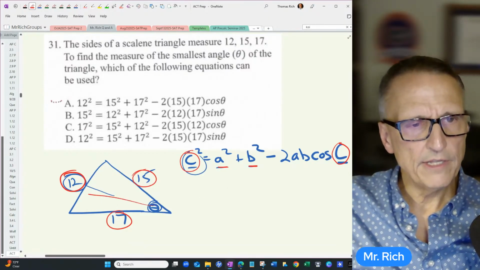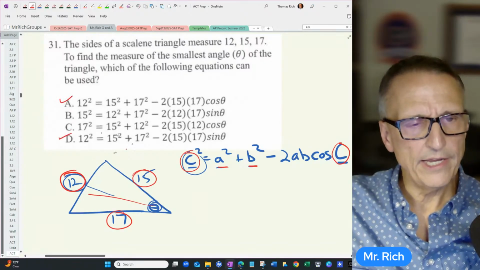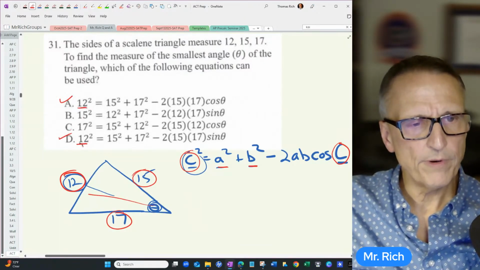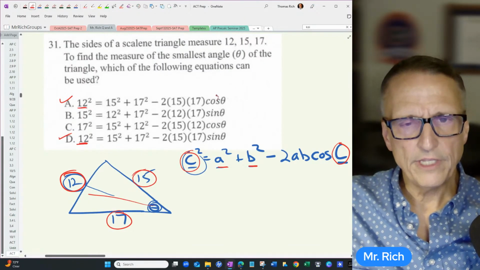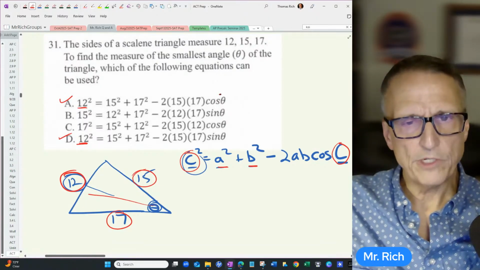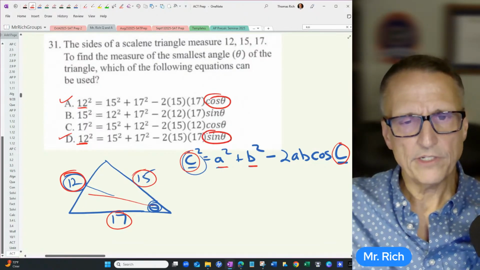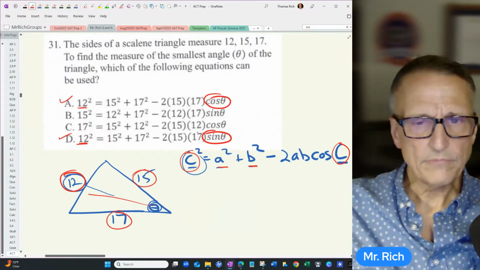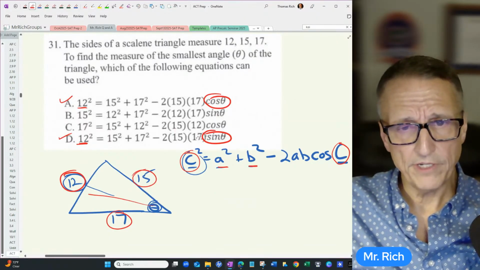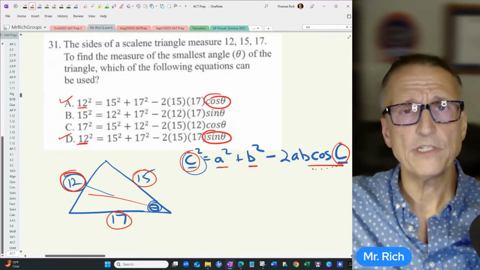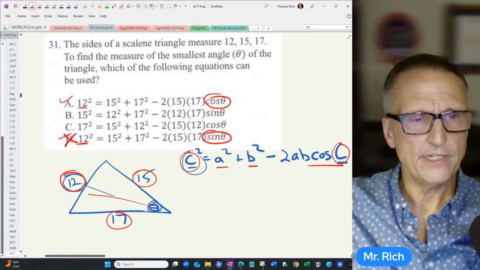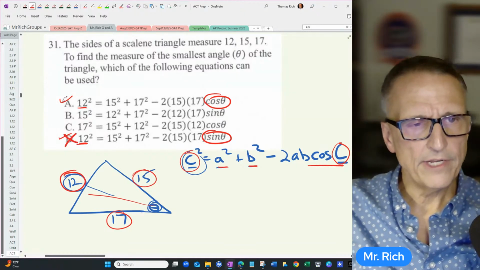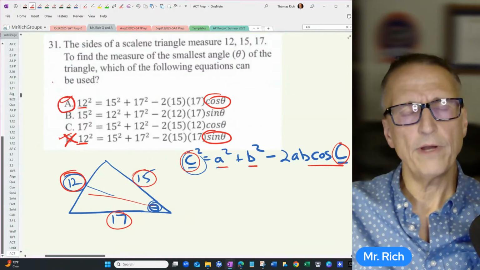So you can see that we would be looking at A and D because they have the 12 squared. Look at the end right here. The only difference between these two is cosine and sine, and this is just a total misuse of the equation. There's never going to be a sine right there. So that is going to be a no, and our answer is going to be A.